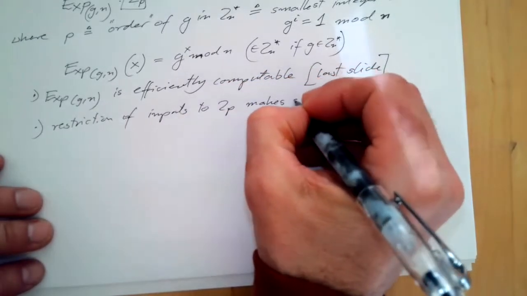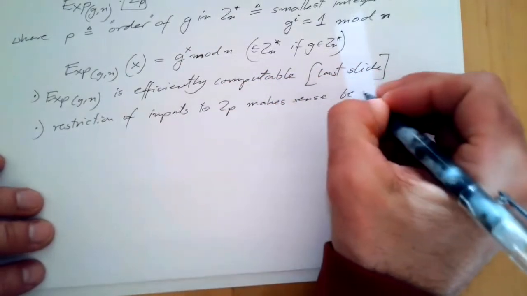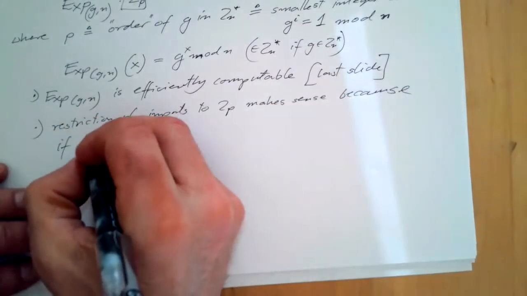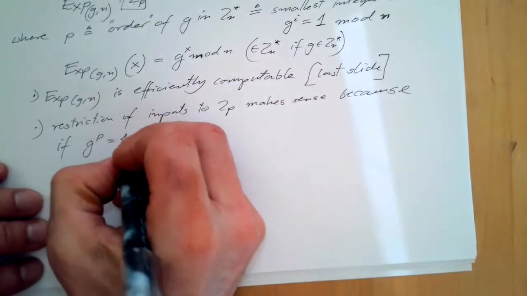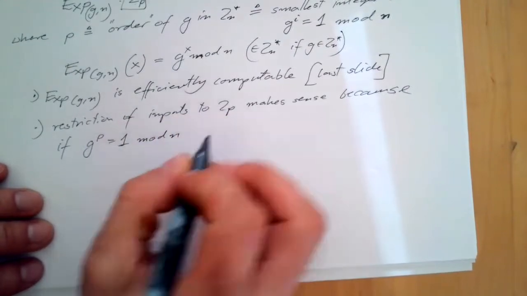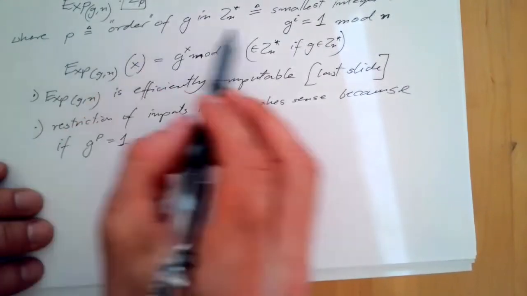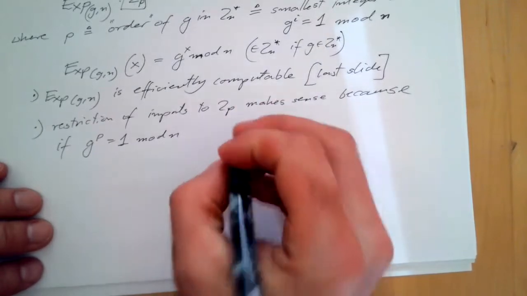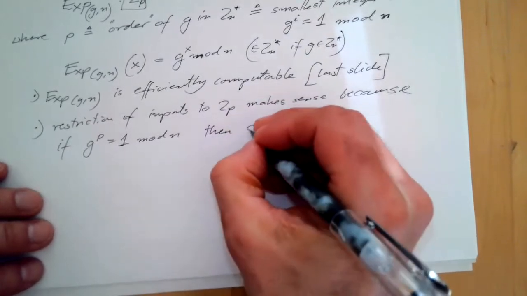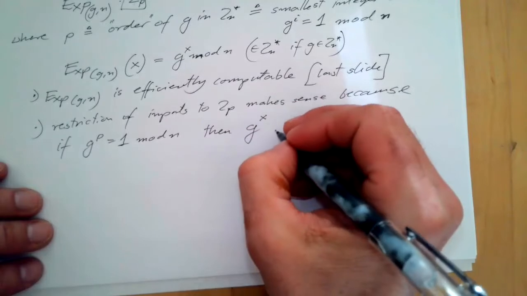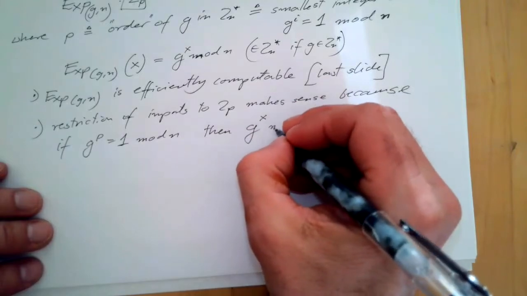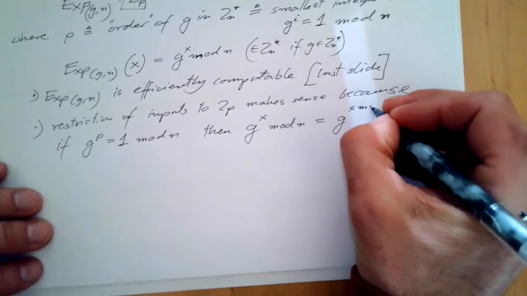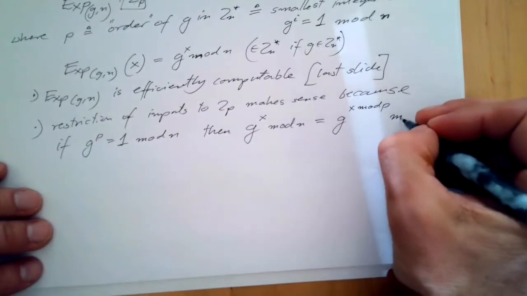Makes sense because if g to the p is 1 mod n, and it is, because p is defined as the order, so p does have this property, that g to the p is 1, then g to the x mod n is equal to g to the (x mod p) mod n.